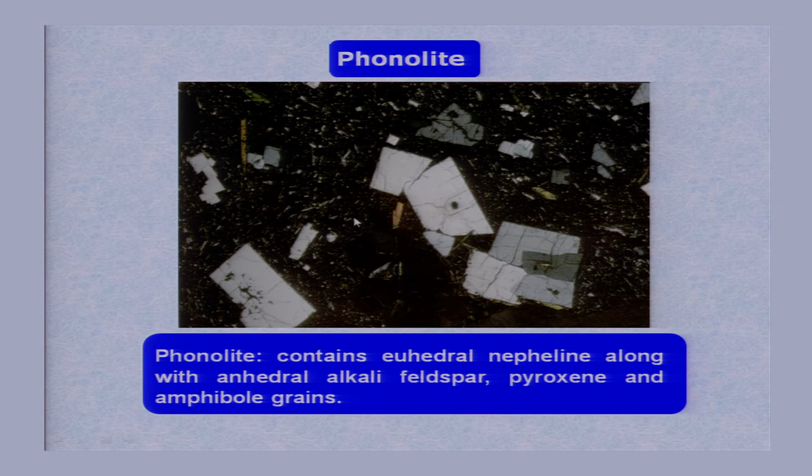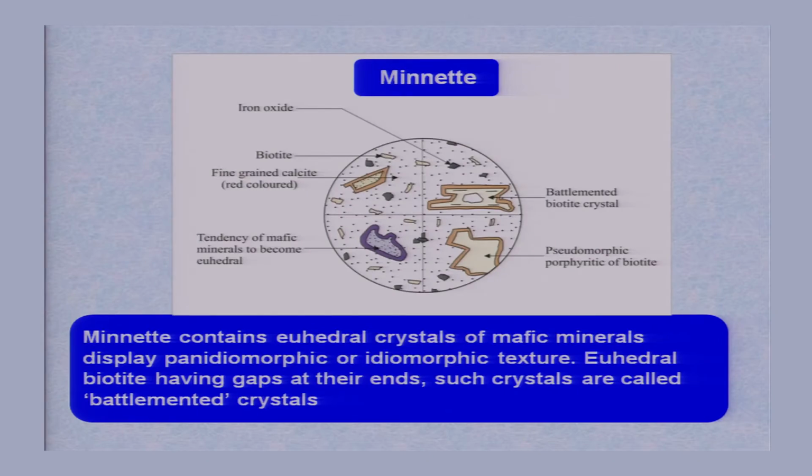But these are the nepheline, pyroxene, amphibole grains. I am citing another example of a minette. Minette is a mica bearing lamprophyre rock. Lamprophyre is a variety of igneous rock, and I am showing you how it looks under the microscope. This is my own hand drawn picture here.